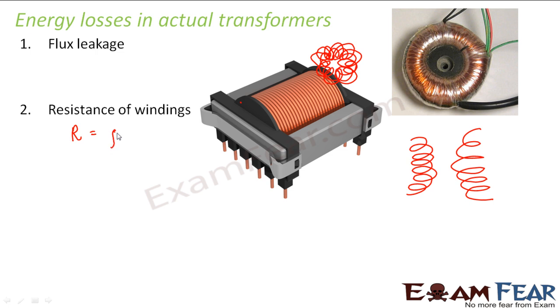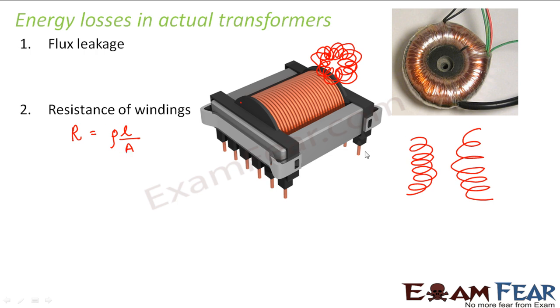Now, what does resistance depend upon? The resistance is directly proportional to the length of the wire and it is inversely proportional to the area of cross section. So if we increase the area of cross section of the wires, then the resistance will be considerably reduced. So one very good way of reducing the resistance of the wires is to increase the thickness of the wires.